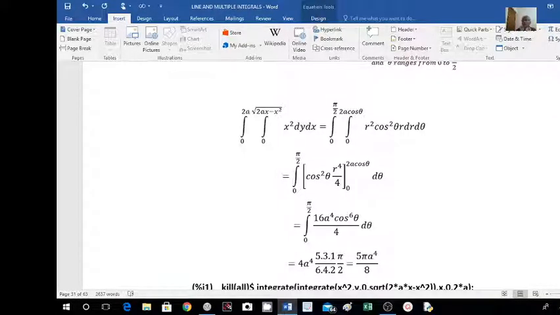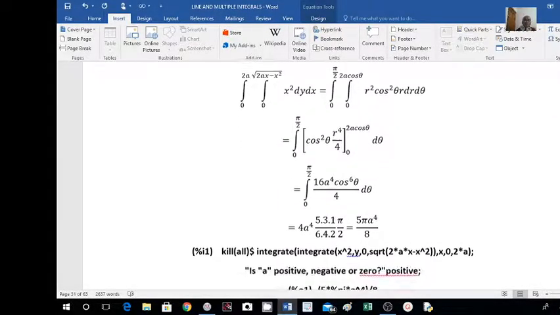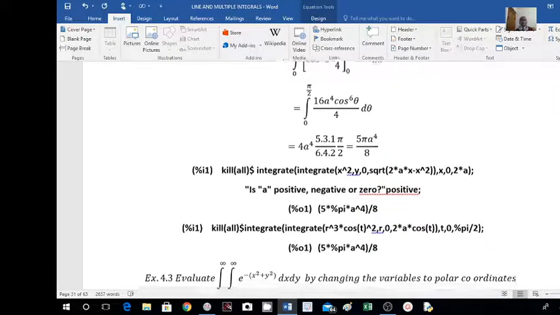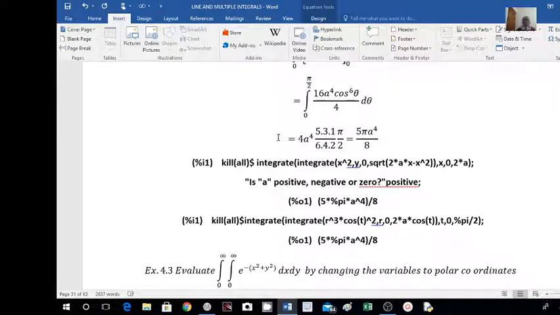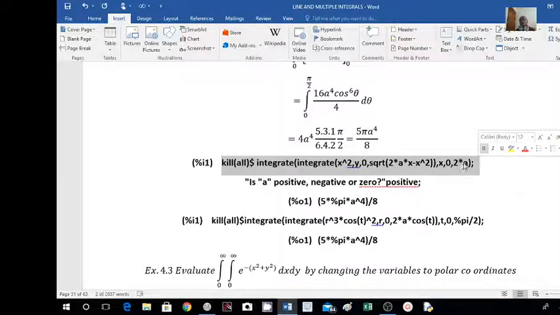Let me execute this in Maxima. This is the Maxima code; I have taken it as it is in Cartesian form. Integrate x square with respect to y ranging from 0 to root of 2ax minus x square, and then x ranges from 0 to 2a. So as it is, I am executing here. Okay, first I will take this one in Cartesian only.